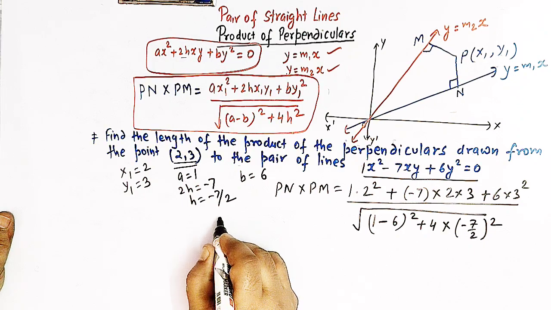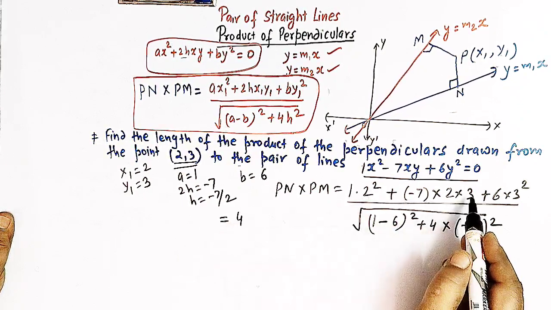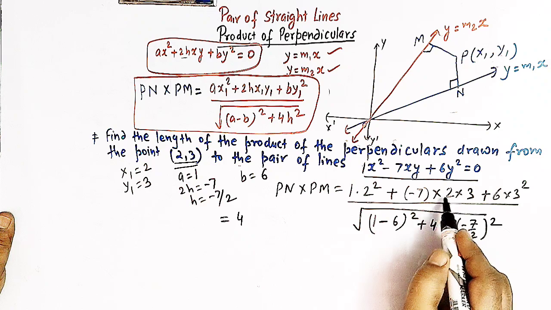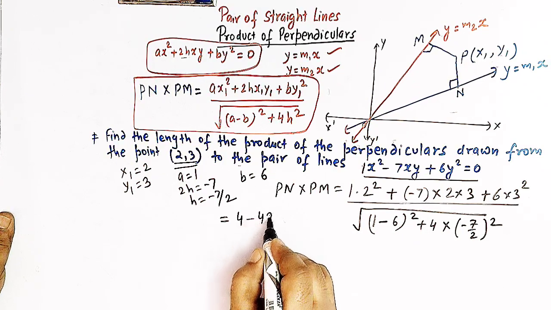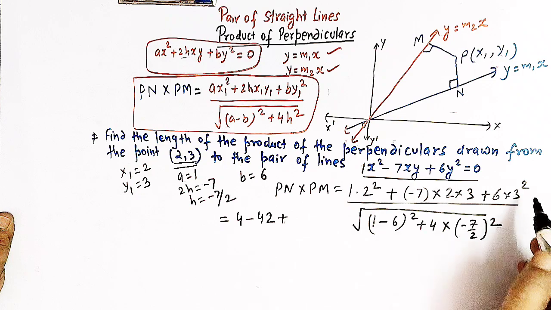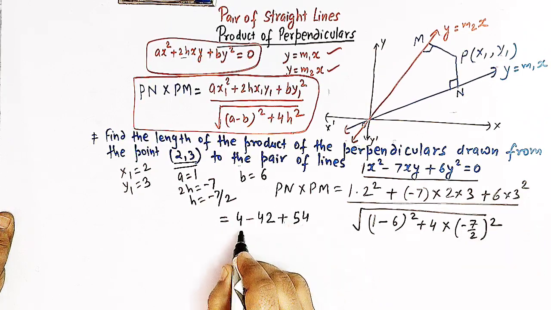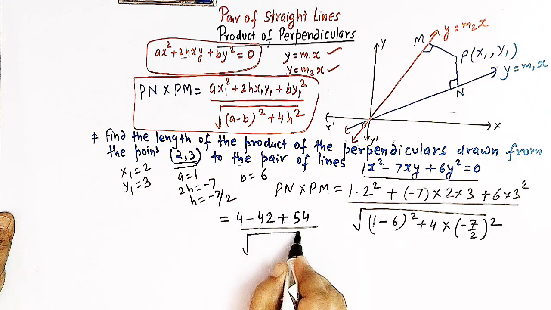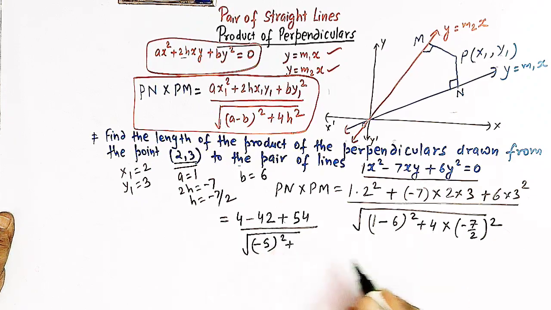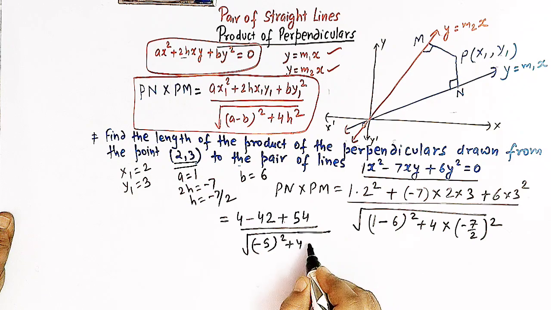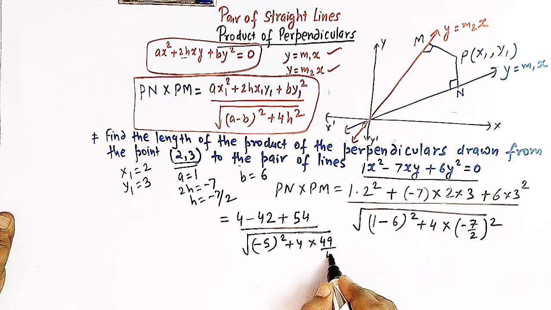Now 1 times 2 square is 4. Then 3 times 2 is 6, and 6 times 7 is 42, so we have minus 42. Then 9 times 6 is 54. Here we have (minus 5) square. This is 4 times h square, that is 49 over 4.